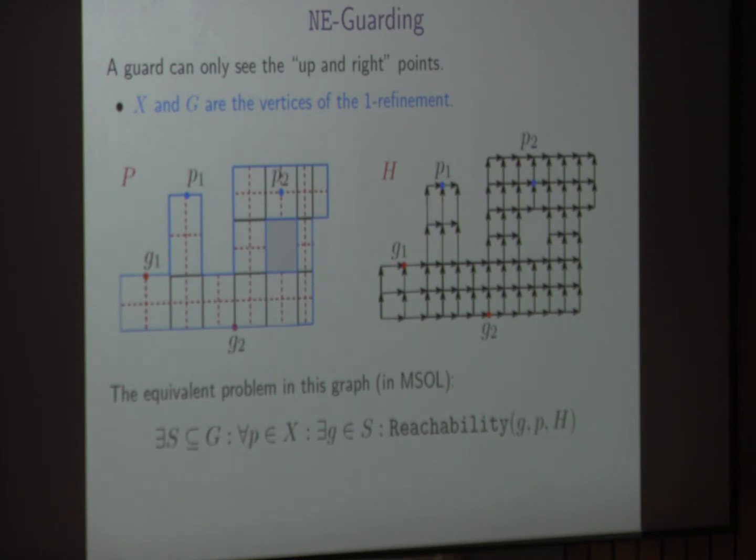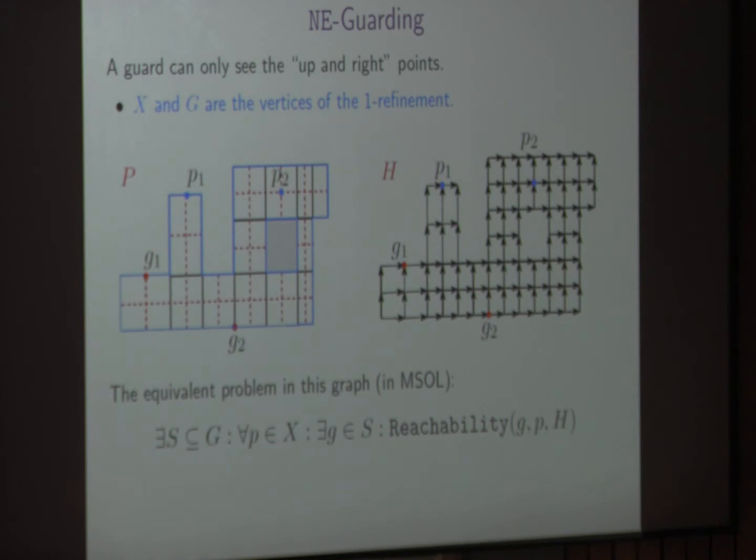Reachability of G, P in H means that there is a directed path that you can reach P from G in H. And so the graph has bounded treewidth because the polygon has bounded treewidth, and we just express it in MSOL. We can solve it in linear time. Okay.